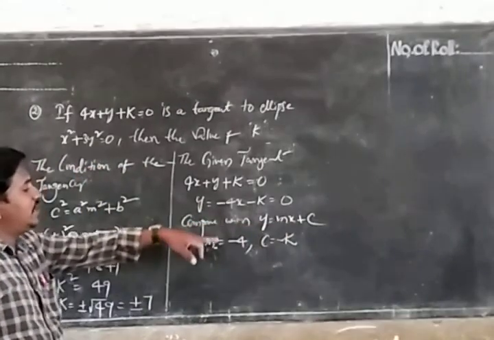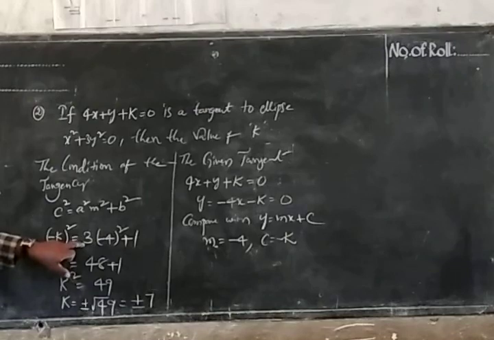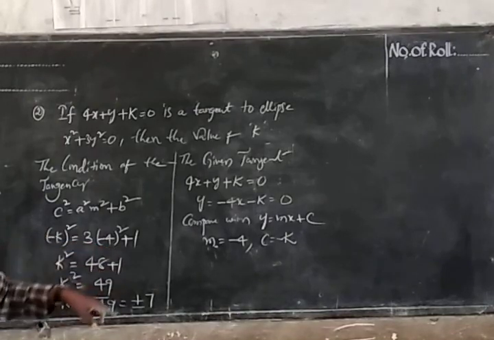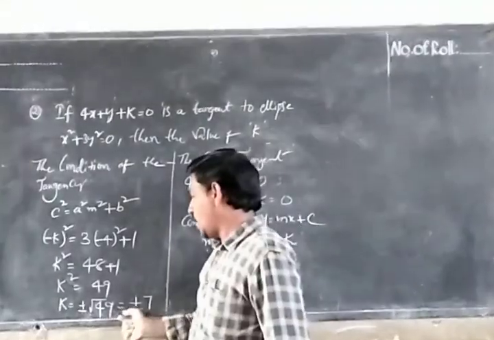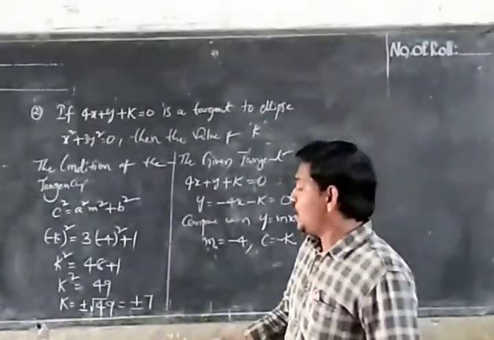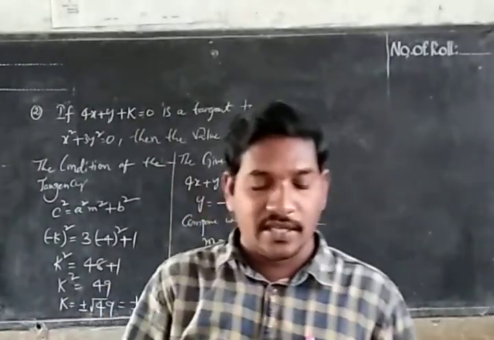So 3 into minus 4 whole square plus 1, then 3 16s are 48, 48 plus 1 is 49. Then k equal to plus or minus root 49, so k equal to plus or minus 7. This is the value of k, the second option. Okay students, this is the class for today.